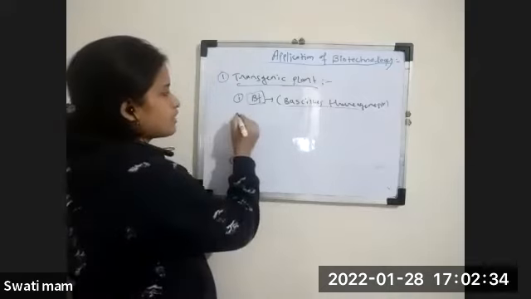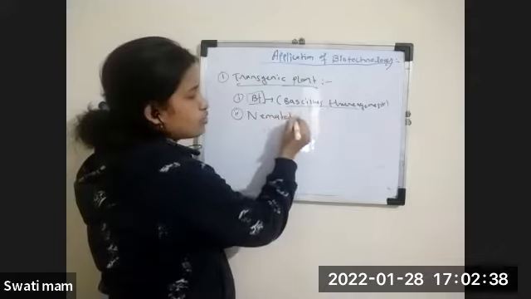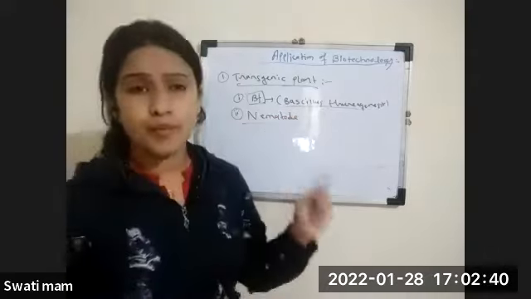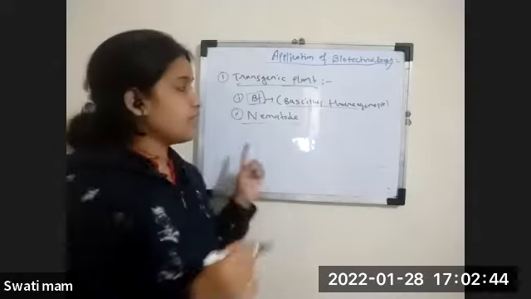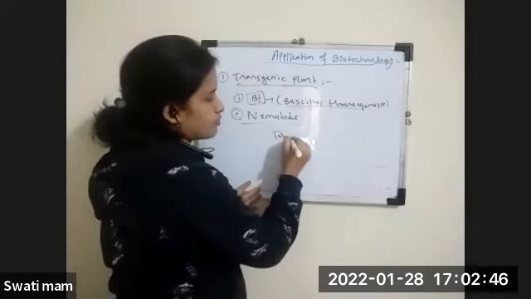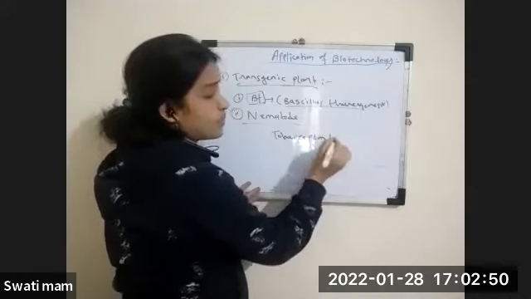Now the second example given is the nematode. Nematode is also one example of a pest. So what happened in the nematode? It always affects the tobacco plant.